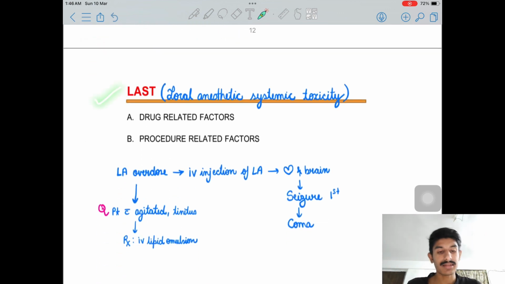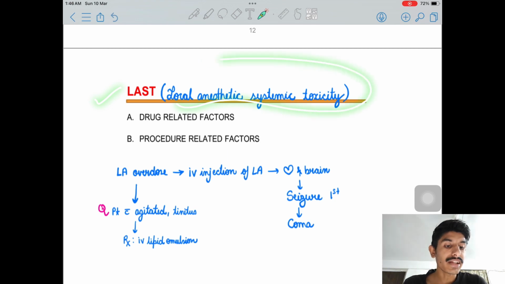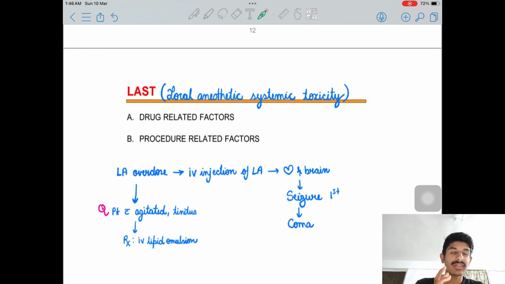So what is last? Local anesthetic systemic toxicity. So what is this? For example, if you are giving local anesthetic to a patient and you mistakenly give an overdose, that you forget and give twice the amount, what will happen? Brain and cardiac problems will occur, seizures will occur, and the patient will go into a coma.